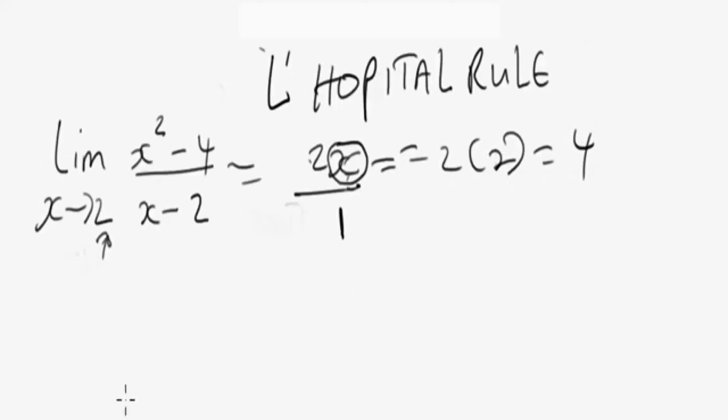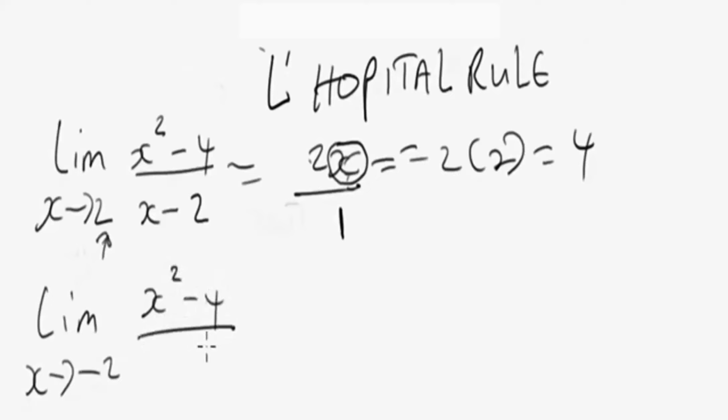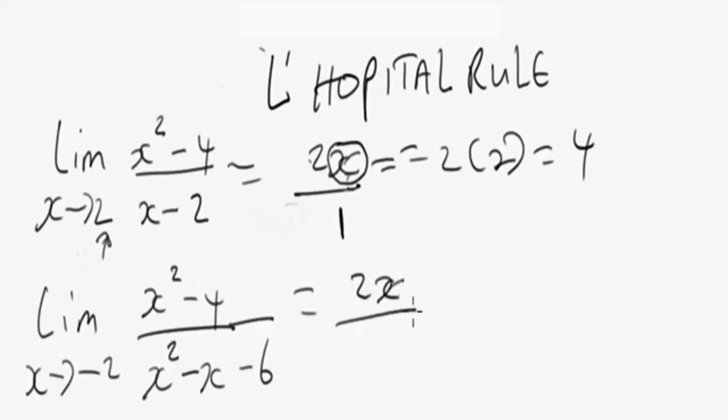The same thing is applicable to the one we solved earlier: limit x tending to a negative number, so we have (x squared minus 4) over (x squared minus x minus 6). When you differentiate the numerator, we're going to have 2x, over, for the denominator, 2x minus 1.